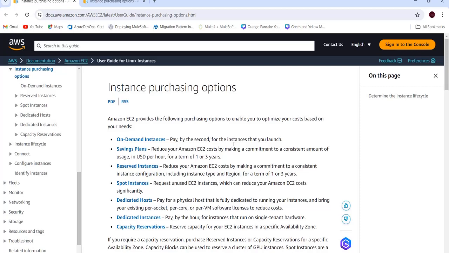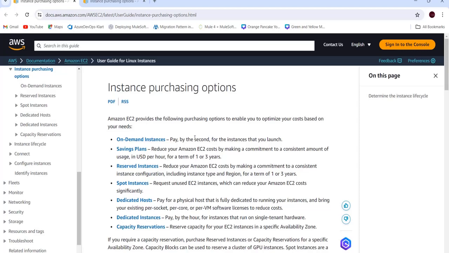Now it is 12:14 in my time. Maybe I would like to use this virtual machine till 1:14, or till 2 p.m. today, or the entire day. You have to pay only for that time. On-demand instances means you don't need to pay any other amount. It is calculated per second. For each and every second you use that virtual machine, you will be chargeable. So till what time you use, you pay for that only.